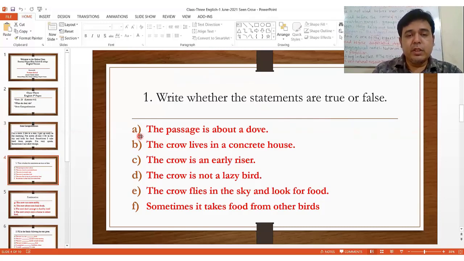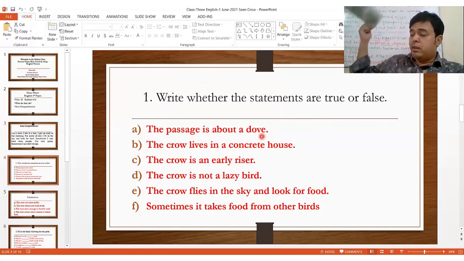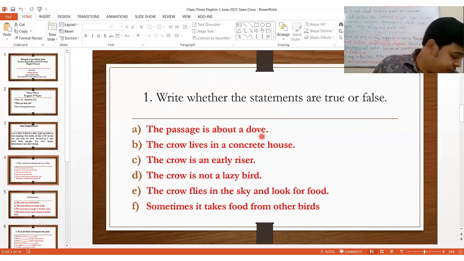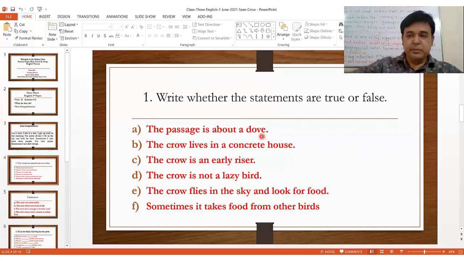For example, the first one, the passage is about a dove. So is it correct? I think not. You also will agree with me that that is not correct, it is about a crow. So that is not correct.